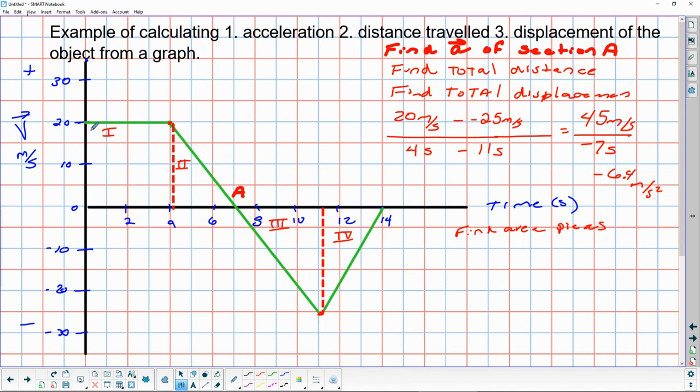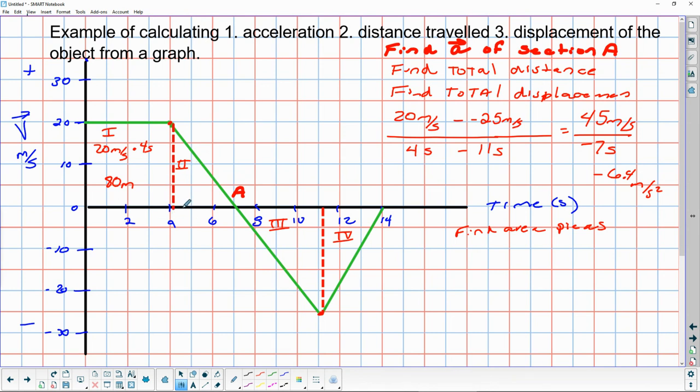Okay, this one is just a square, length times width. So it's 20 meters per second high times 4 seconds. That is 80 meters. This is a triangle.